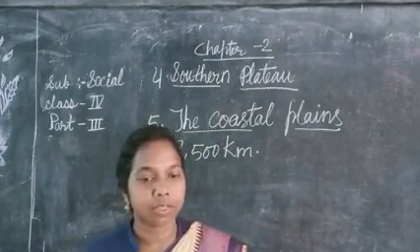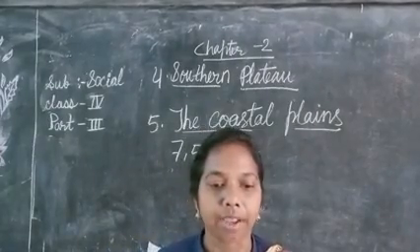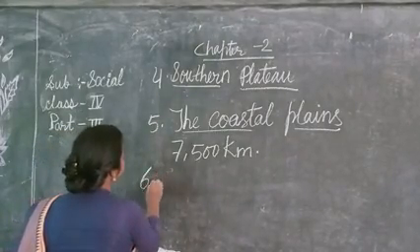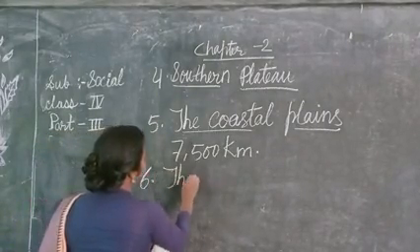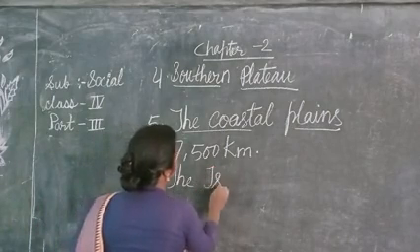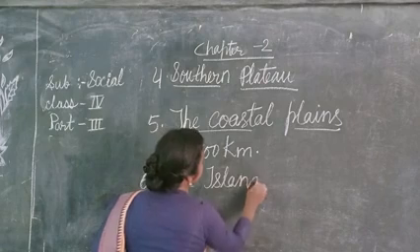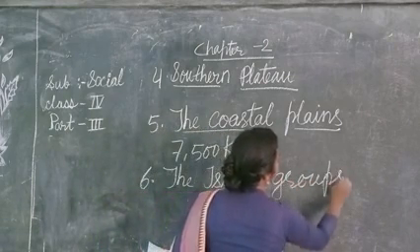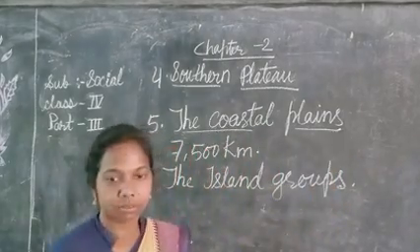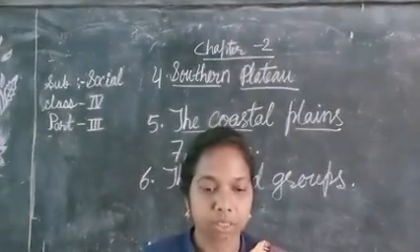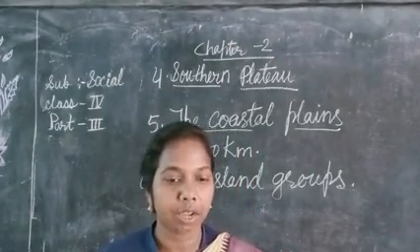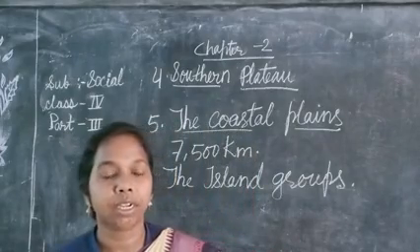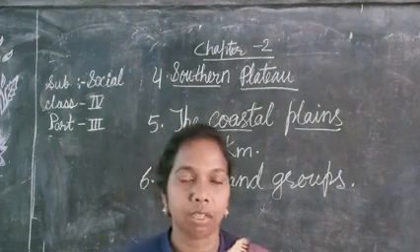Now next we will see the island groups. What are the island groups? There are groups of islands in the south of the Indian Peninsula.